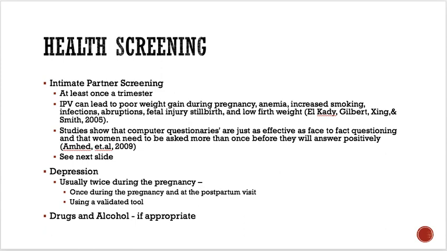Like I mentioned in your first OB lecture, it's amazing how many women are now, especially with the legalization of marijuana, using marijuana as nausea prevention. So if you know that they did that, it's really important to circle back at least once to make sure that they aren't still using marijuana.